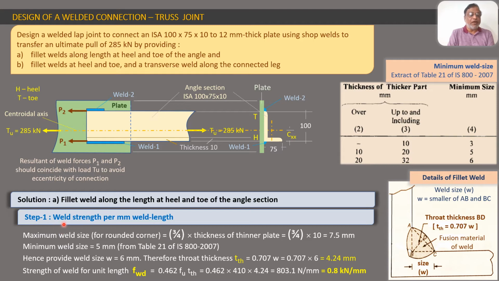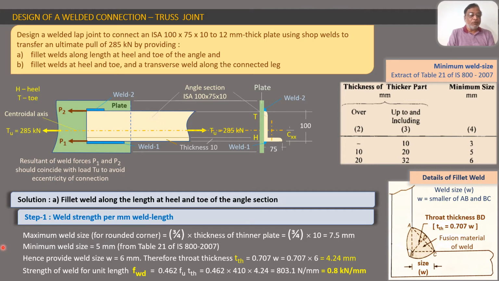That is called weld strength. So this is what we have to calculate in this step 1. Weld strength per mm weld length. Before we proceed for that, we have to refer to some IS 800-2000 provisions for welded connections which we have seen in an earlier video. We'll now only be applying them.